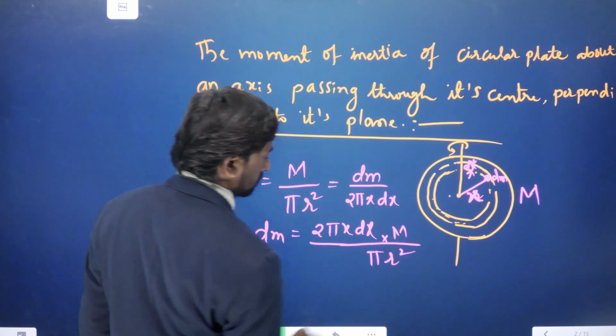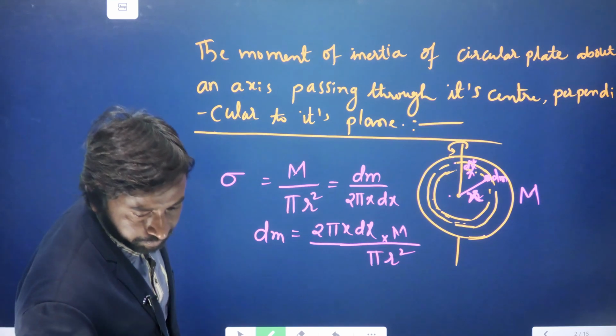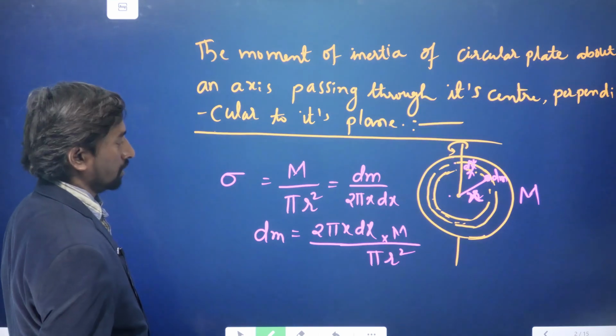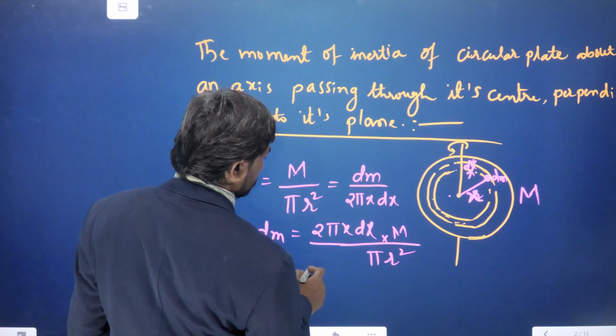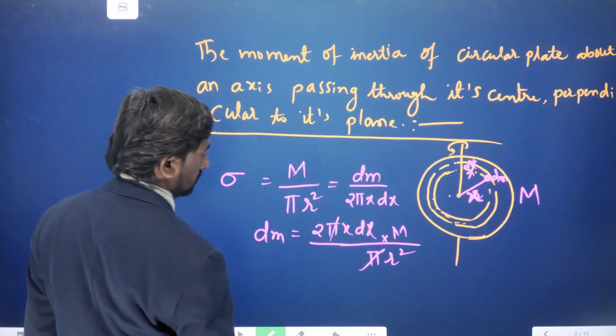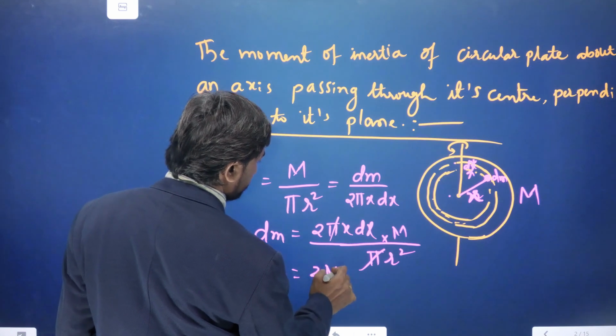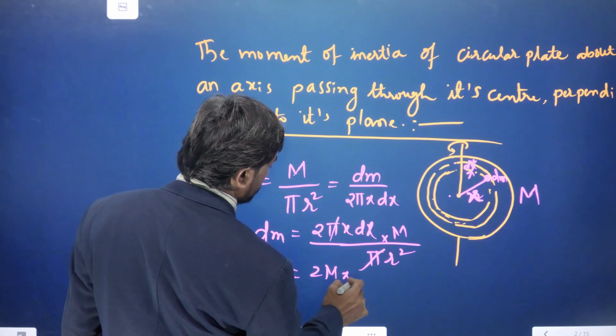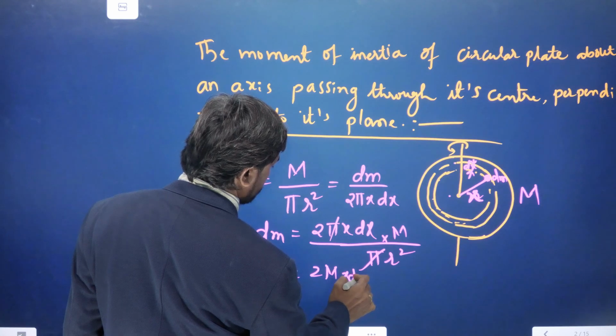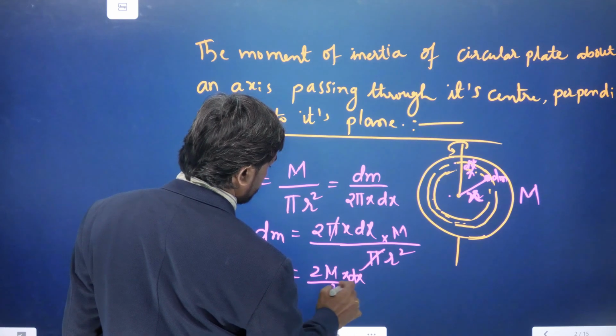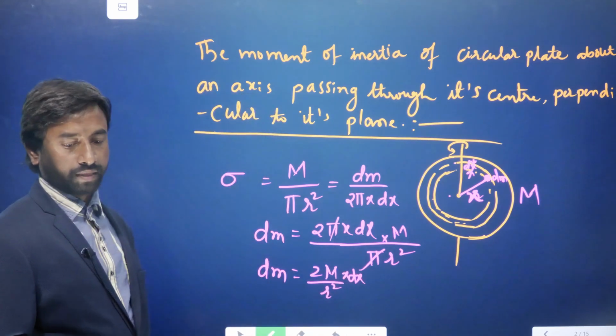Now this pi and pi will be cancelled. So dm is equal to 2 into capital M x into dx divided by r square.